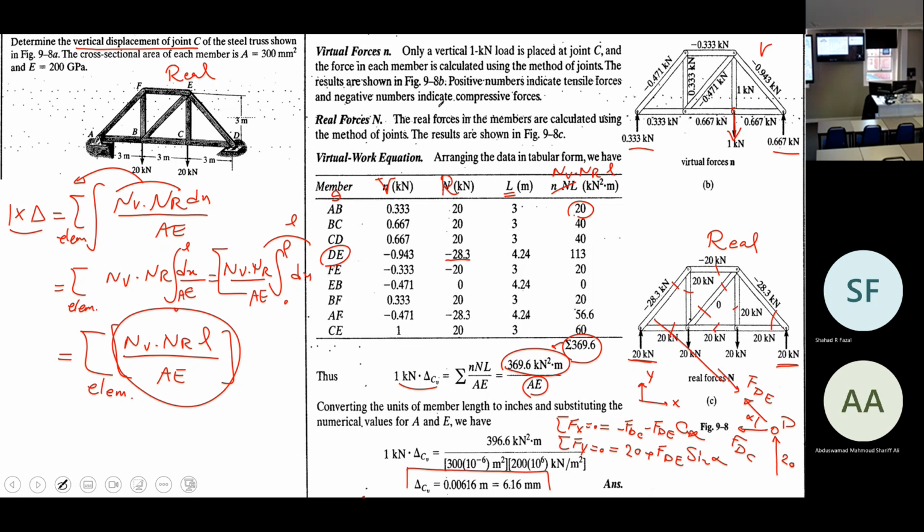If you put it vice versa, in compression, you will get a positive value. But in the first place, we don't know which one is positive and which one is negative. That's why we put all the forces in tension, and those that come up with negative values are in compression. It's always the convention that we follow: we always put the internal forces in tension, and those that come up with negative values at the end are in compression.